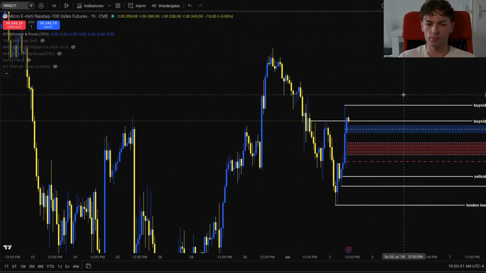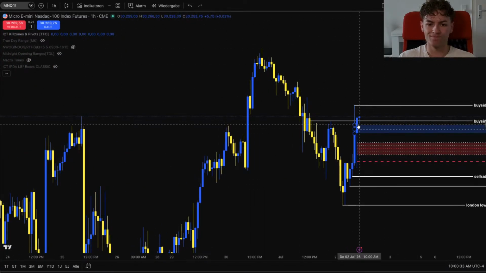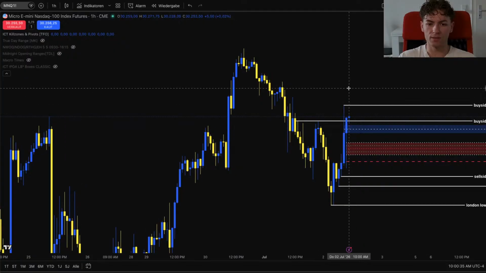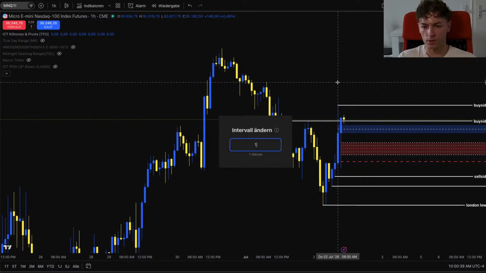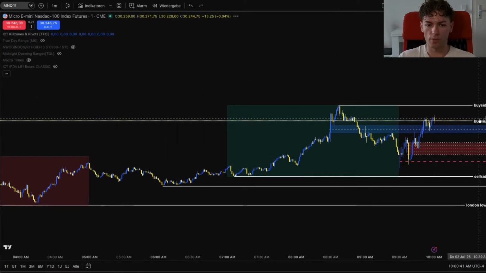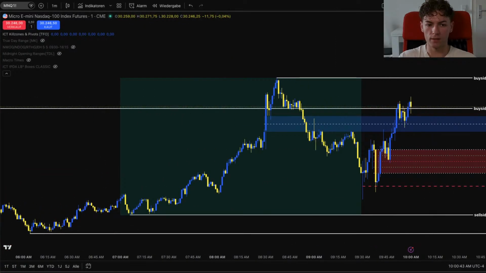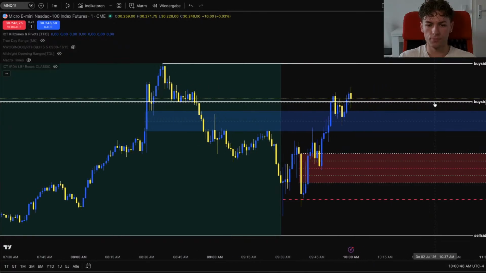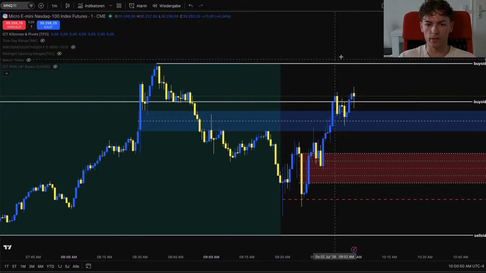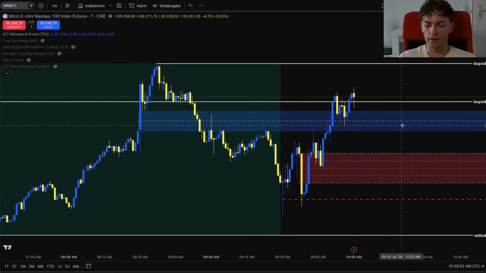In my opinion, I don't see us trade above this high today in complete bullishness. It's rather trapping people offside again. So I think we're going to take our buy side and then go back into the range. That's at least what I see.